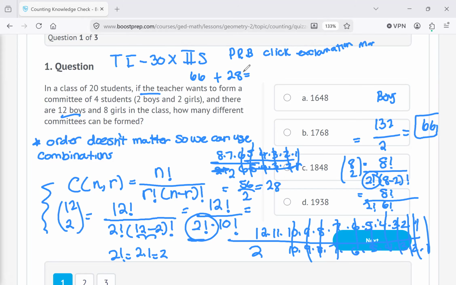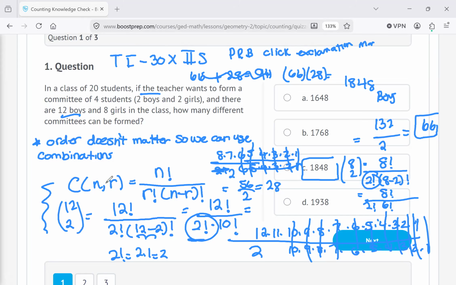When you put it all together, 66 plus 28 is 94. Wait, is that right? No, no, no. We don't add them, we multiply. So it's 66 times 28, which is 1848. Okay.